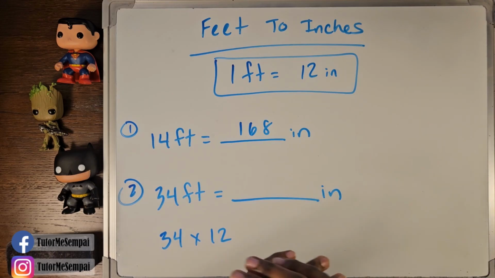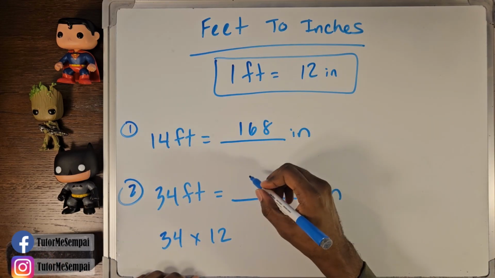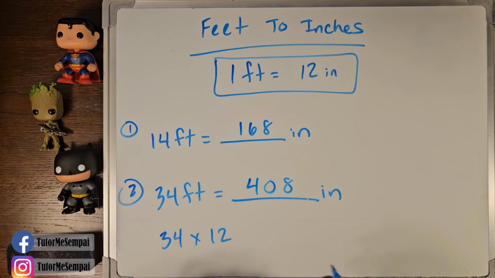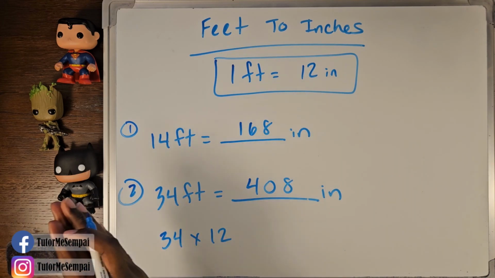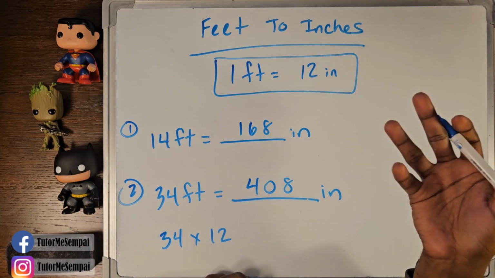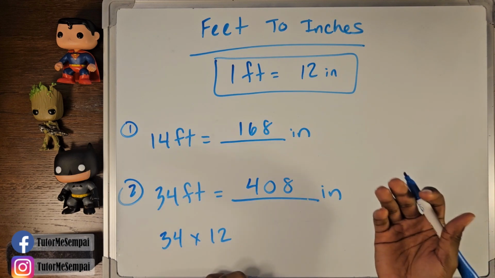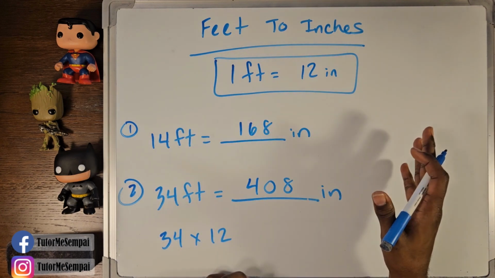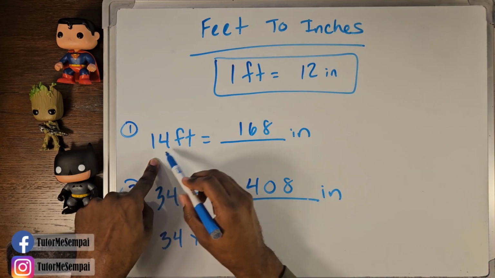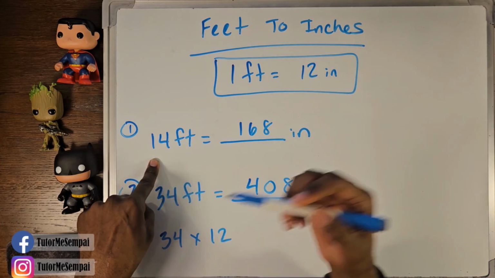And if you add up all that, you would get 408 inches. So unlike when you convert from inches to feet, where you had to divide your total number of inches by 12, what you're going to be doing here when you're converting from feet to inches is to multiply whatever your total number of feet is by 12.